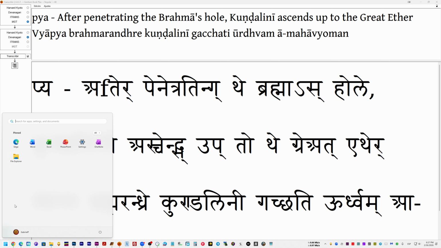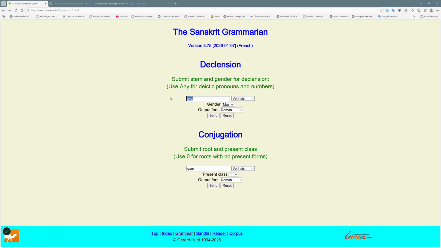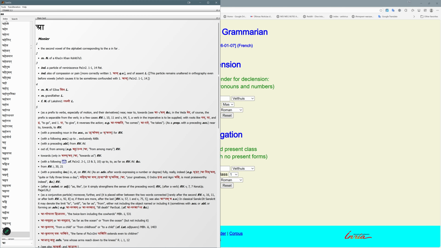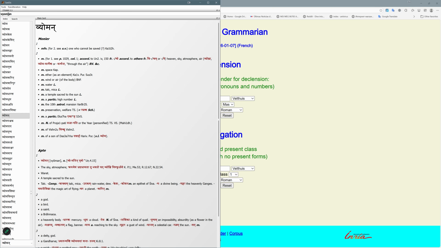So I will go to this nice tool and I will tell decline Vyoman. What's the gender of Vyoman? I suppose that is neuter gender. Vyoman, ether. Some translators say that Vyoma is void. Algunos traductores dicen que Vyoma es vacío. I don't agree.